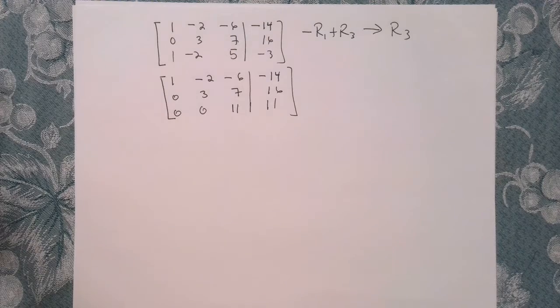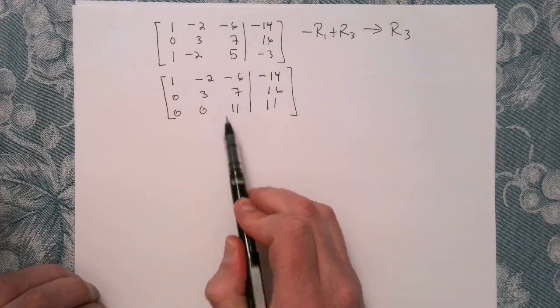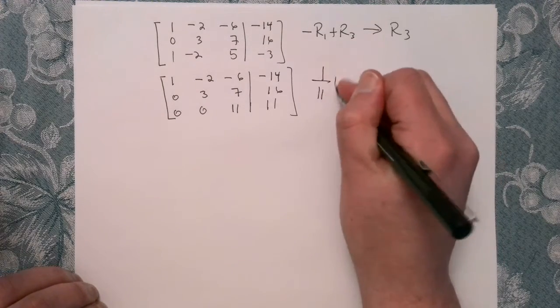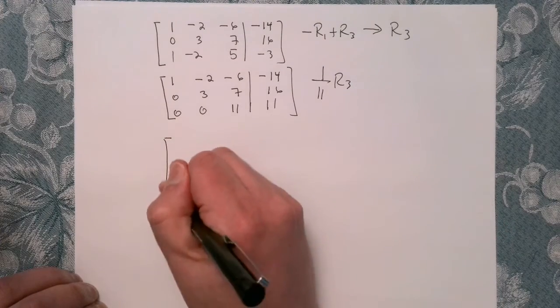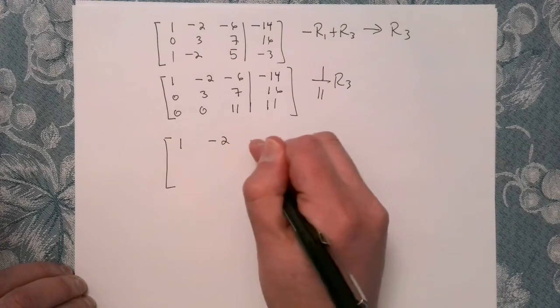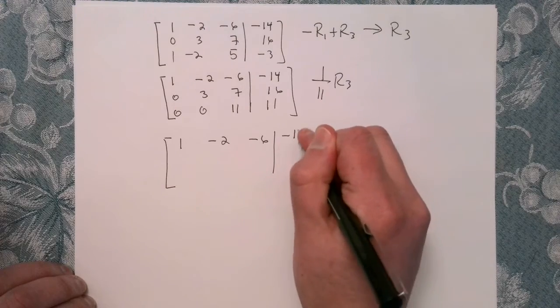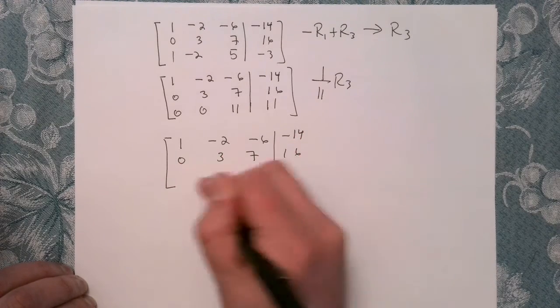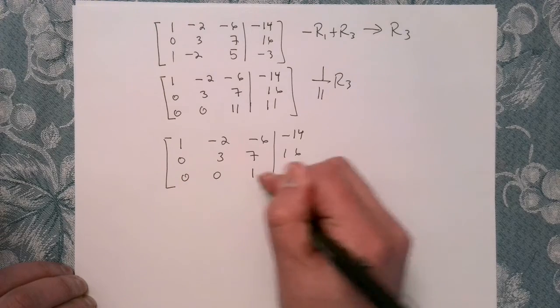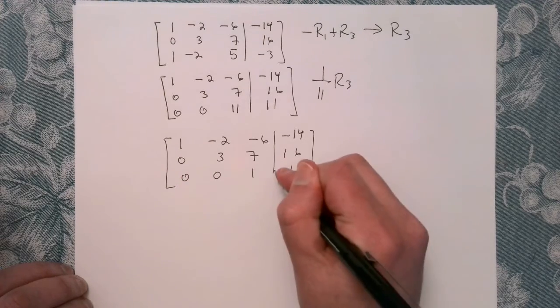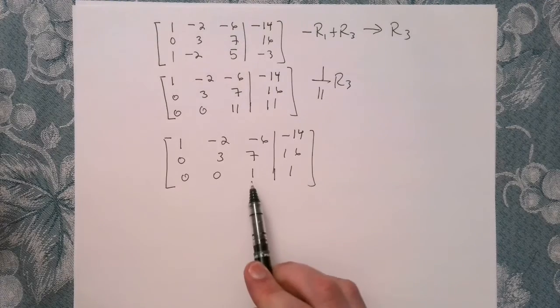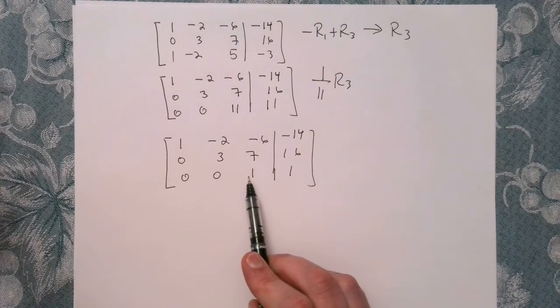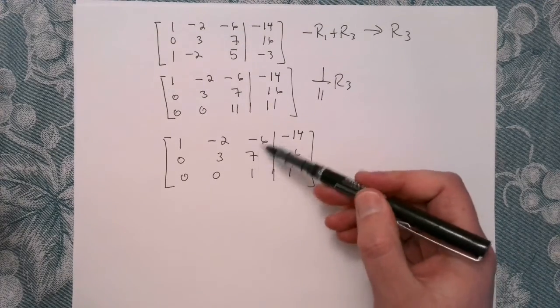Let's reduce further. So let's get a leading 1 right here. Okay, so let's go ahead and use this leading 1 right here to get zeros above.